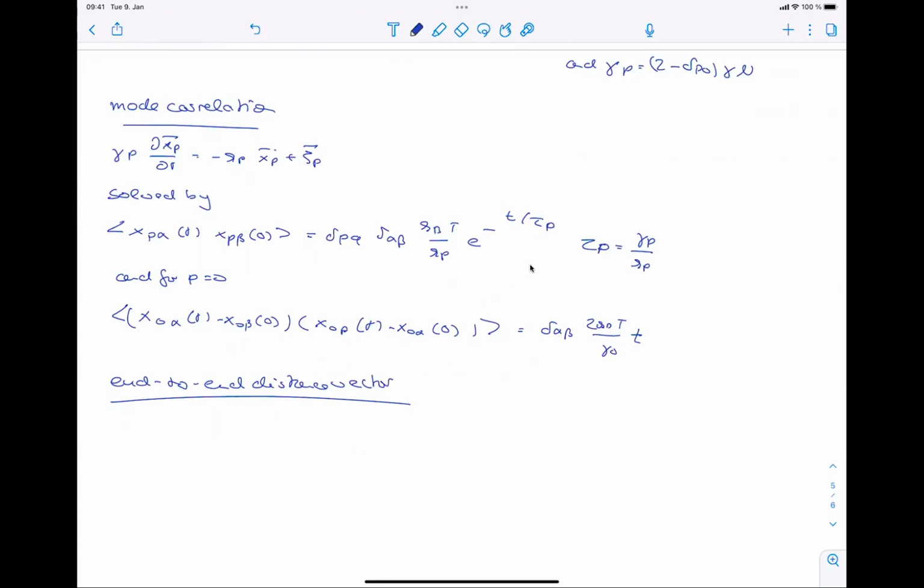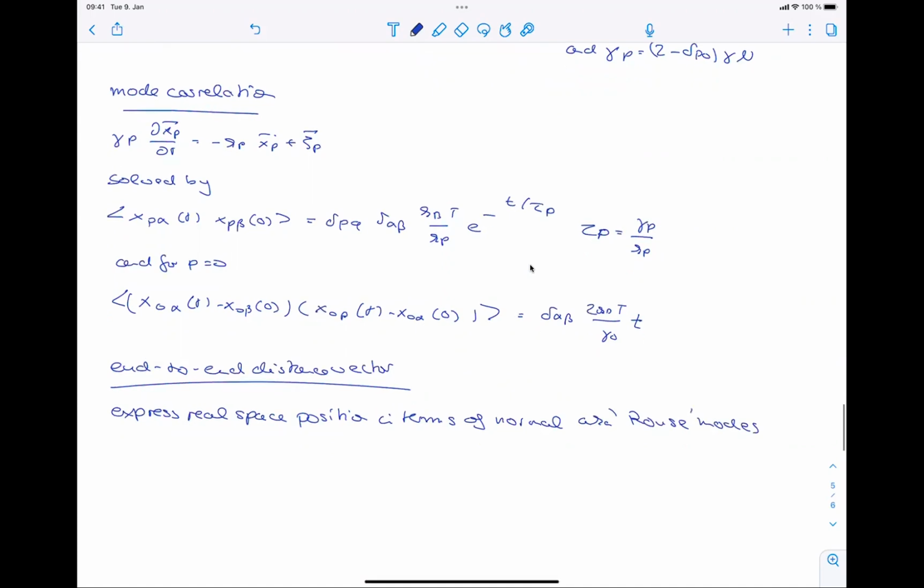To this end, we express the real space positions in terms of normal, actually they're called Rouse modes, after the person who wrote this down first.